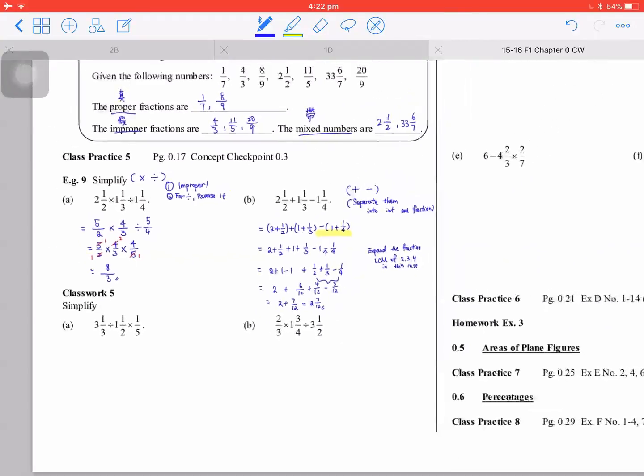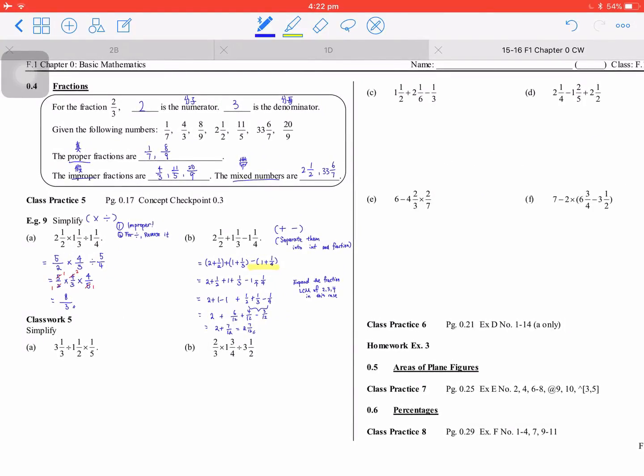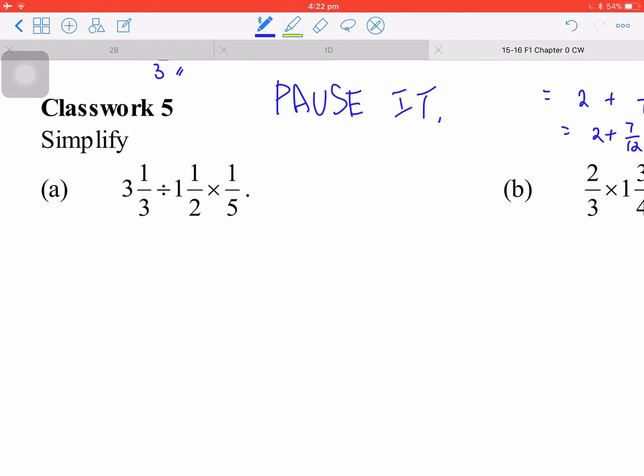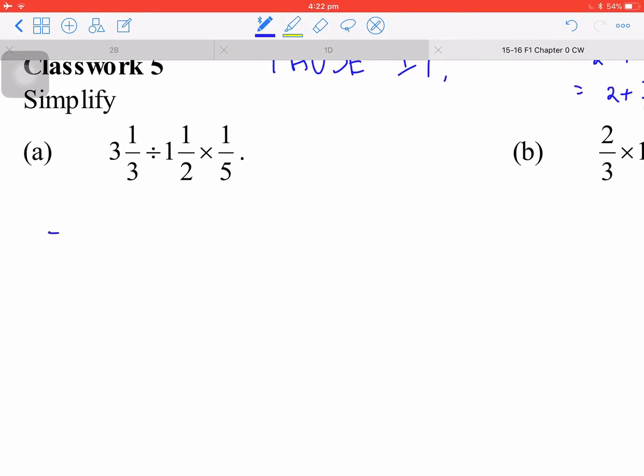And for your exercise, again, can you just pause it, and after you finish, you play it. Pause it here, just play it when you have finished. Assume you have finished it. Again, I just do it very quick, see if you can follow. If you can't, then you pause it there.